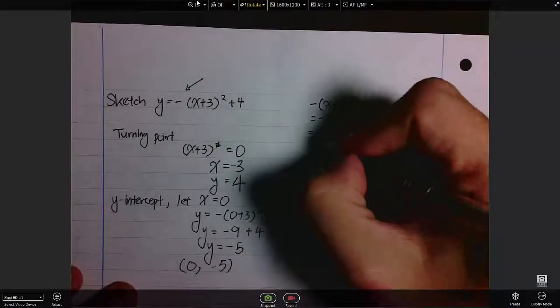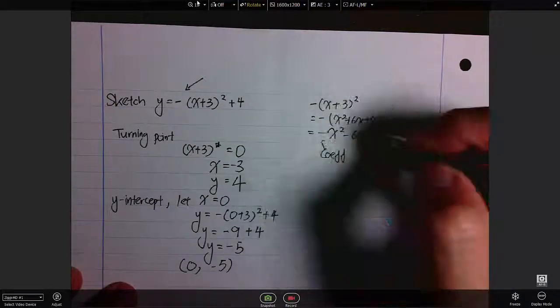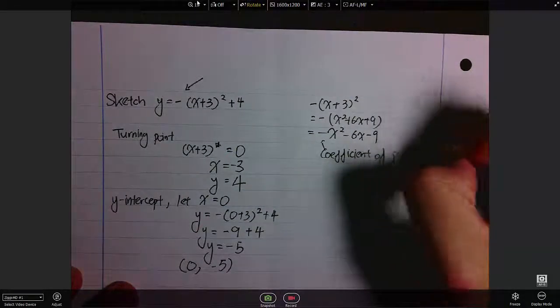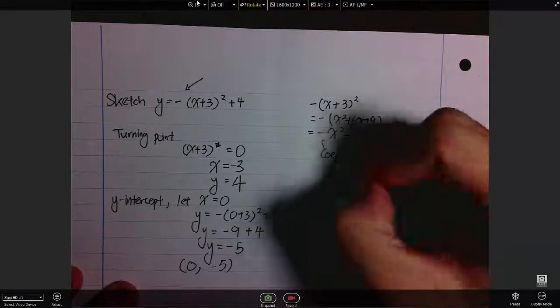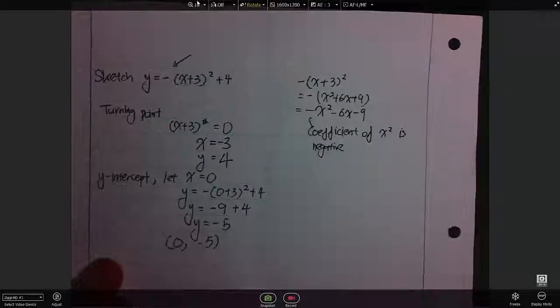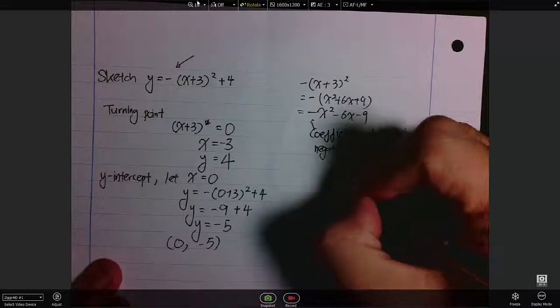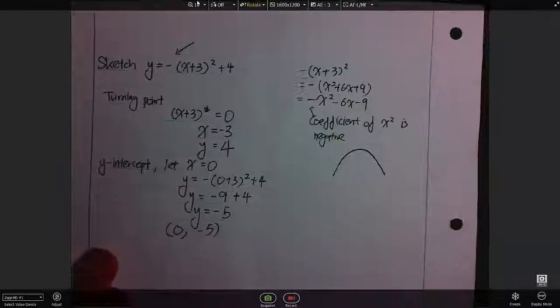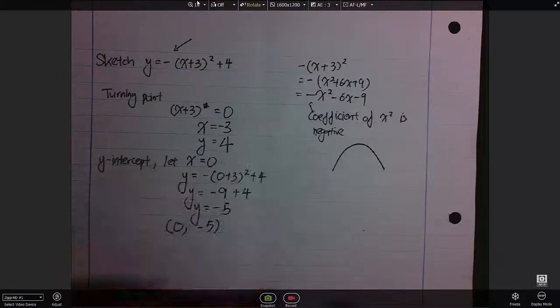Notice that the coefficient of x squared is negative. Because of that, my graph will be a sad face, a frown. When the coefficient of x squared is positive, like the first two, the graph will be a smiley face. In this case, it will be a frowny face.